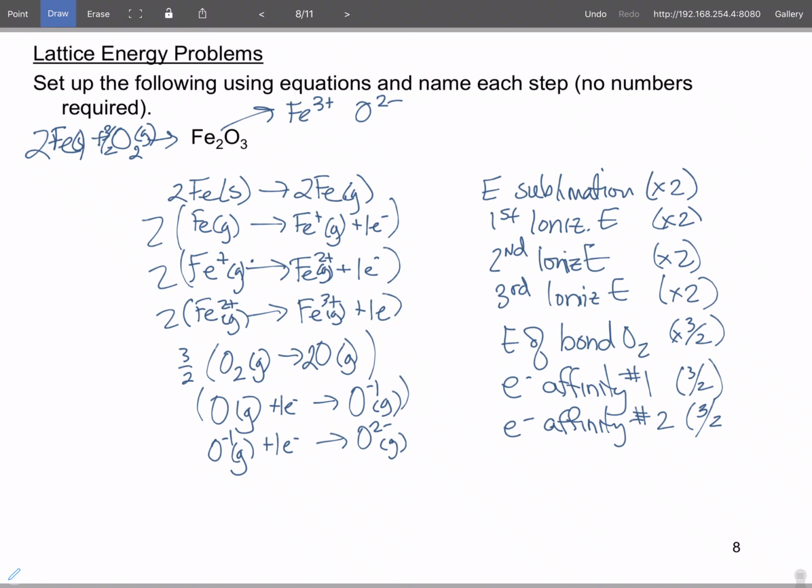So if I'm multiplying this by 3 halves and this one by 3 halves, then at this point, actually, this would be multiplied by 3, not 3 halves here, because we took the 3 halves out here. So this one actually is just 3, and this one would be 3.